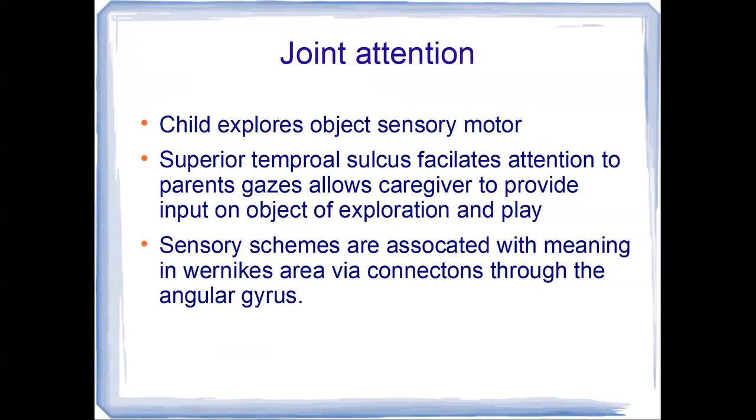And because of this joint attention process, children can move beyond the basic stimming or sensory motor behavior and interact socially on that same object with input from the parent. And this helps the child learn language and learn to associate that this image is a dog, or things like that.